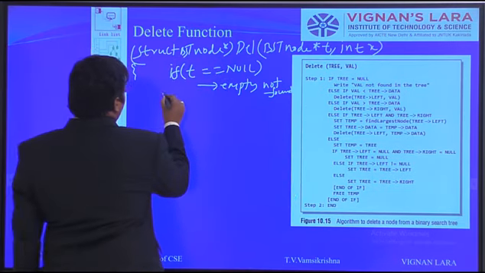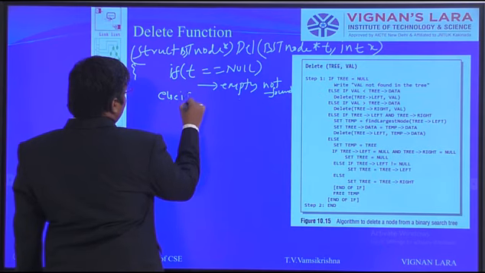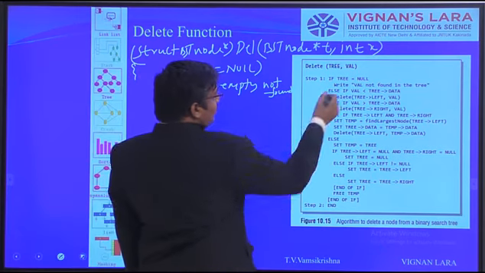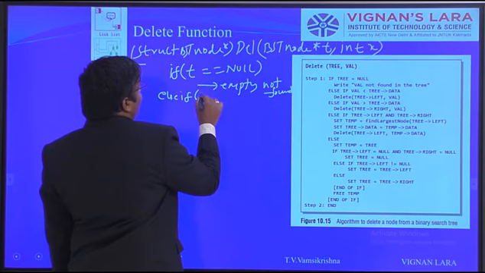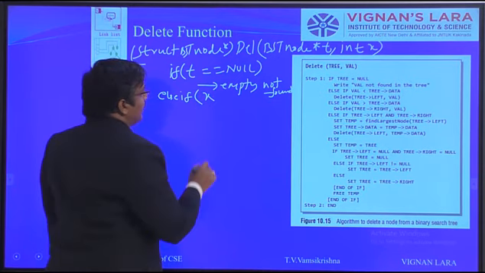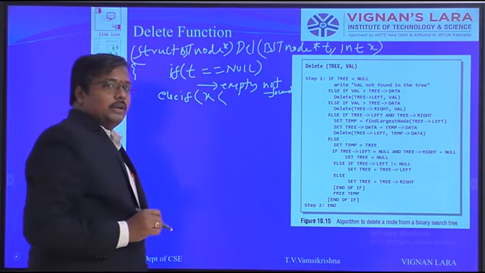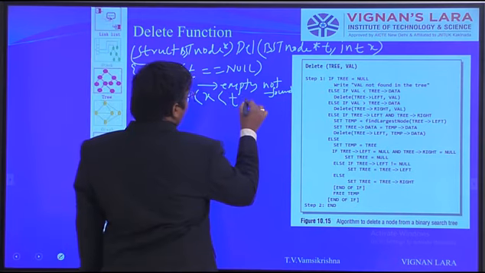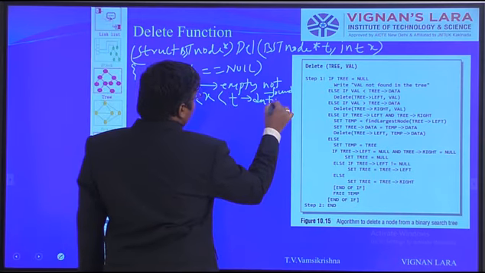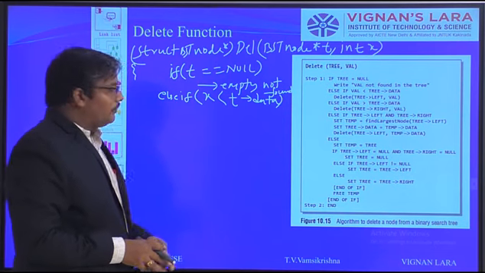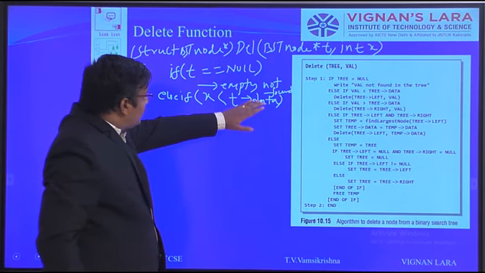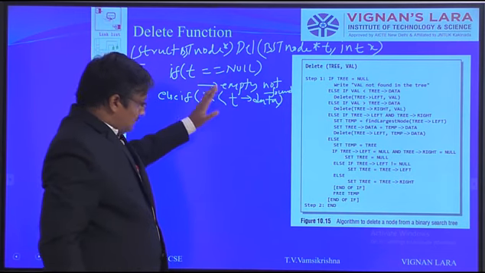Else if, this is not the case. Else if, what is the condition? We are passing value, say x. x less than t of data. See here, completely verify by comparing with the root node data element.